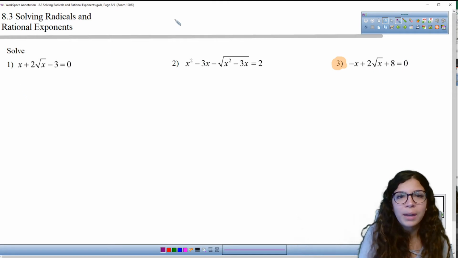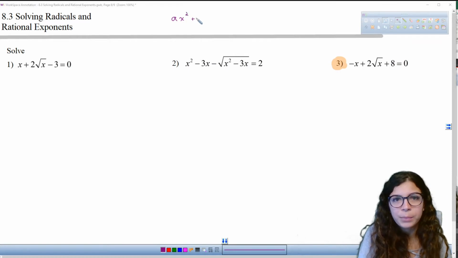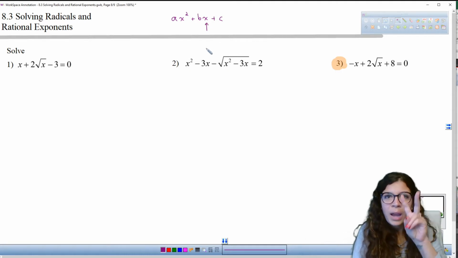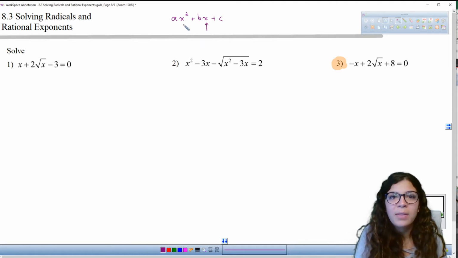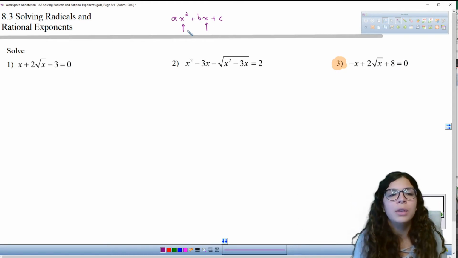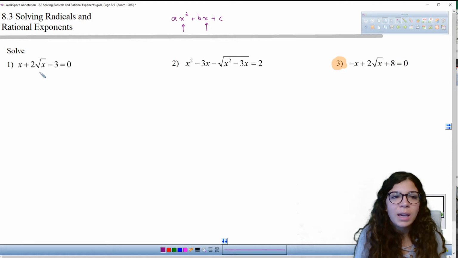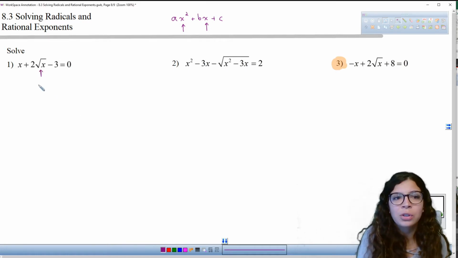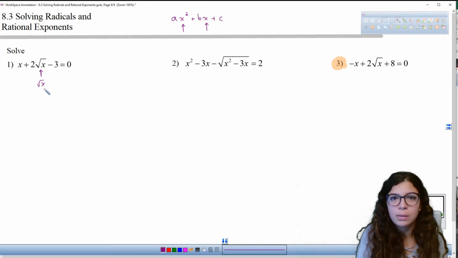Well, remember that a quadratic will be in the form ax squared plus bx plus c, right? So this is the x term, and then this is something squared, right? So in this case, the x is actually square root of x.